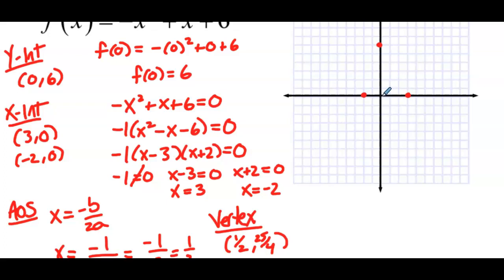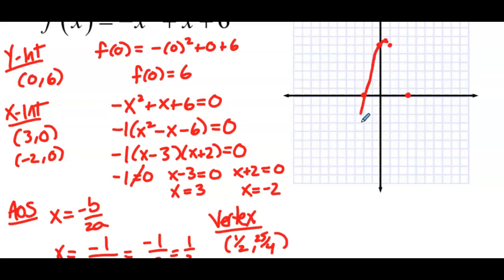So that's 6 1/4, 6.25. So that's right about there. Okay, so the axis of symmetry is x equals 1/2. So 0 is 1/2 to the left. So 1/2 to the right is 1. So 1, 6 is another point on our curve.